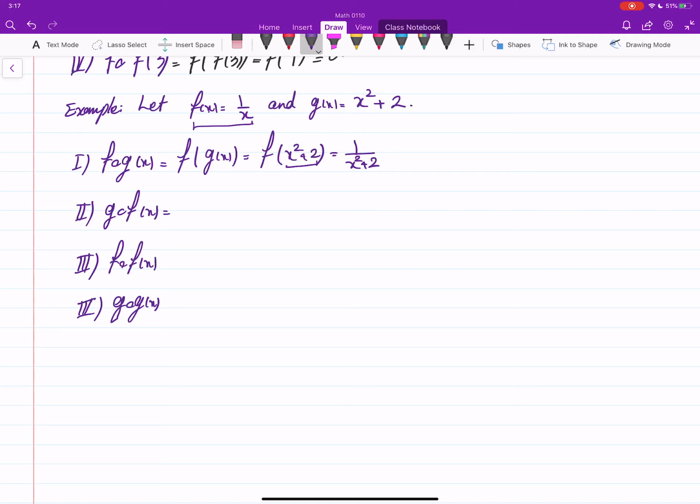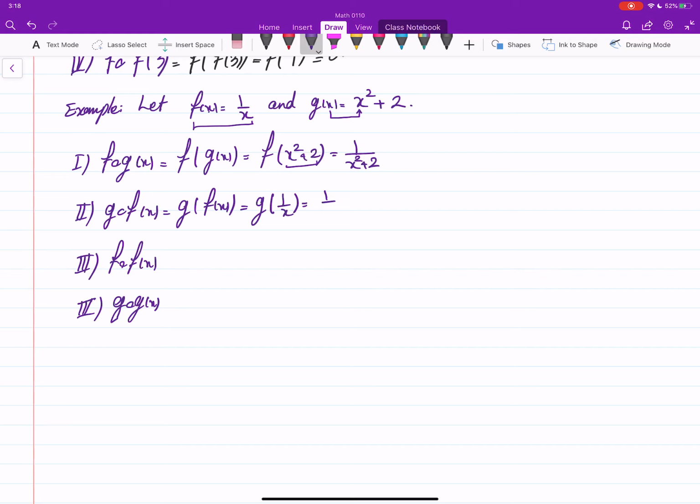So that is the formula for f o g. How about g o f? Well, g at f of x is how the composition is defined. Now g of f of x is g of 1 over x. You see, g says whatever you give to me, I will square it first and then add a 2 to that.